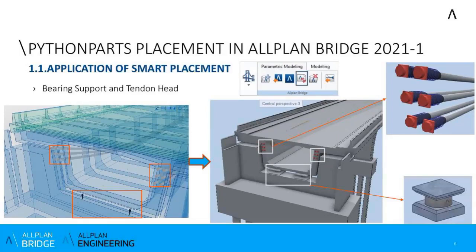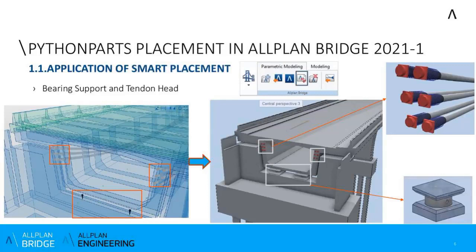You will specify the location where you need to place the item, and in Allplan Bridge you have a template object, and you can import and synchronize it into Allplan Engineering.